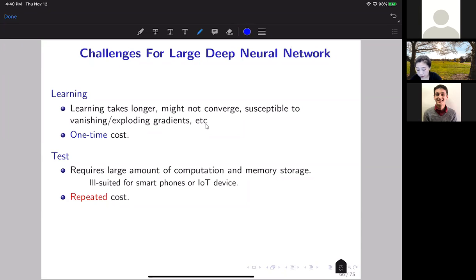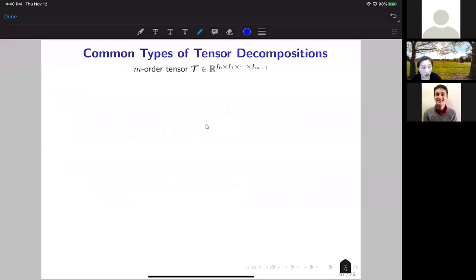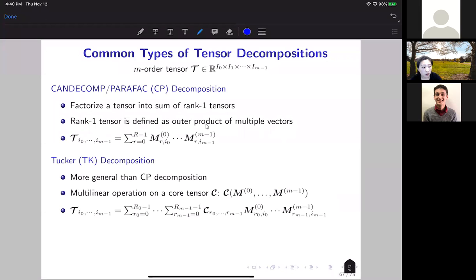So that's the motivation of doing model compression. The question here is how to compress neural networks without much performance loss. Basically, what I did in this slide is introduce different kinds of tensor decomposition. I think of them as a representation of the data.